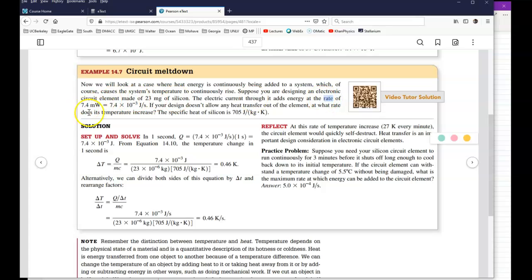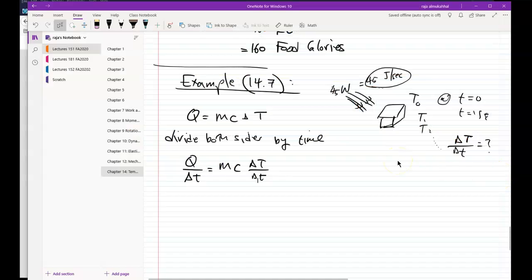At the rate of 7.4 times 10 to the negative 3 joule per second. This one is nothing but Q over delta t. You see what I'm saying? So I have that number, and he's really asking for delta T over delta t here. Let's continue reading.